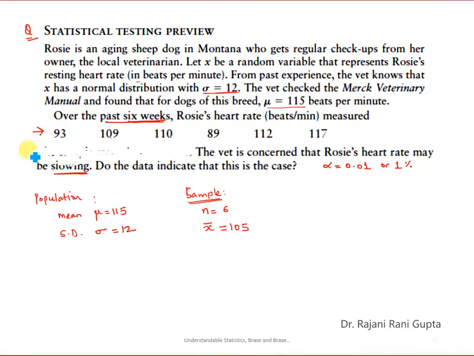Suppose this line is missing and they don't give you the sample mean, then you should be able to calculate it. From this information, you have the mean and standard deviation for the population, and the mean and size of the sample. So it means it is a z-test. Before going further, we should phrase our null hypothesis and the alternative hypothesis.